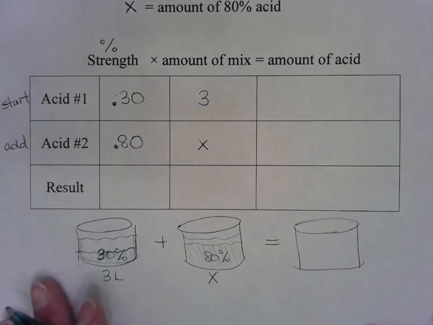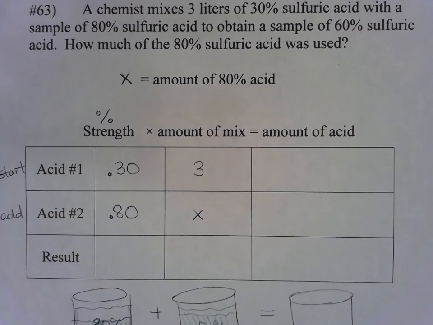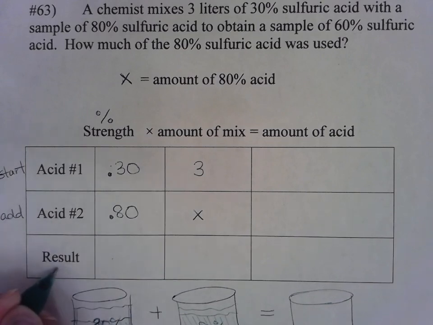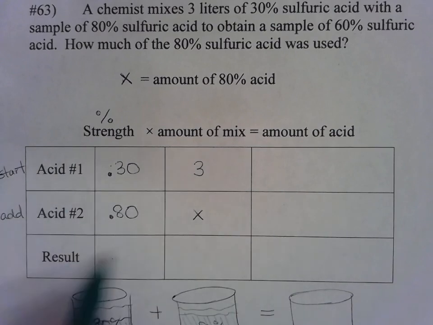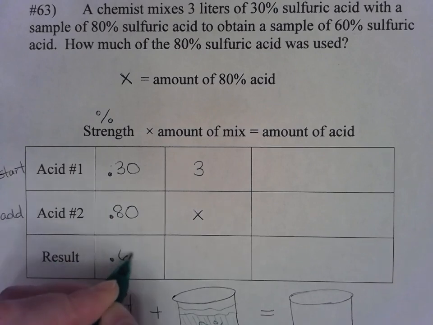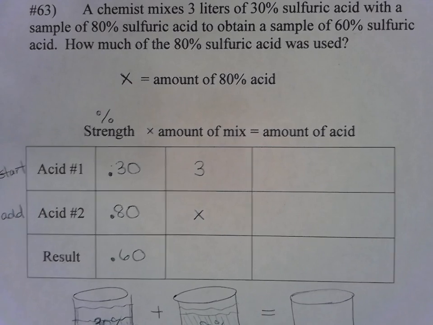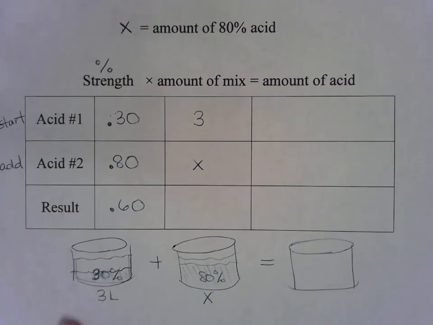Okay, we would like to get an acid mixture that is 60%. So if you do use the chart, this time we need 3 rows, 1 for each strength, and the result needs to be in the bottom so that it's on the correct side of your equation when you set it up. So our goal here is to get a 60% strength of acid.